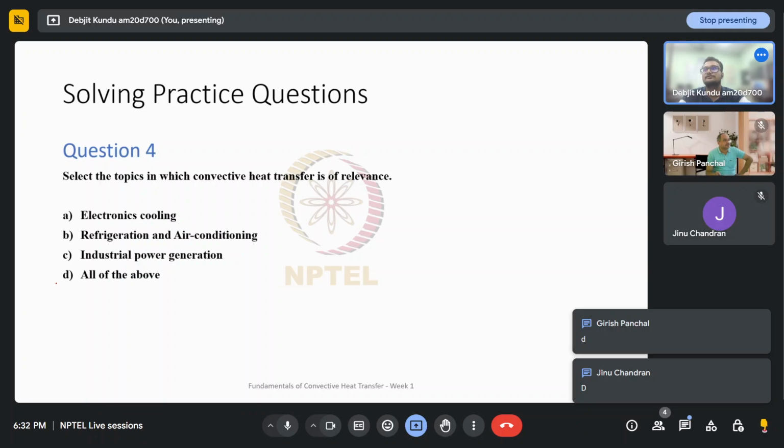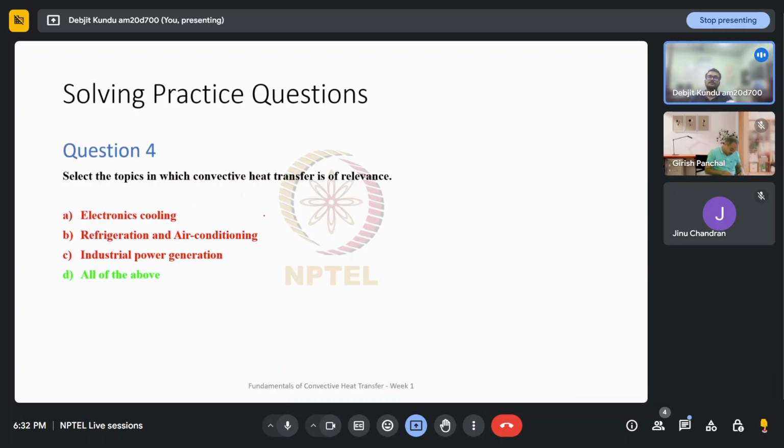Okay, so the quick response is in favor of option D, and it is indeed correct. We know that these are all important areas where heat transfer becomes important. There are countless other examples as well. So that's why studying this makes sense. We are not wasting our time here. I hope we are convinced of that.